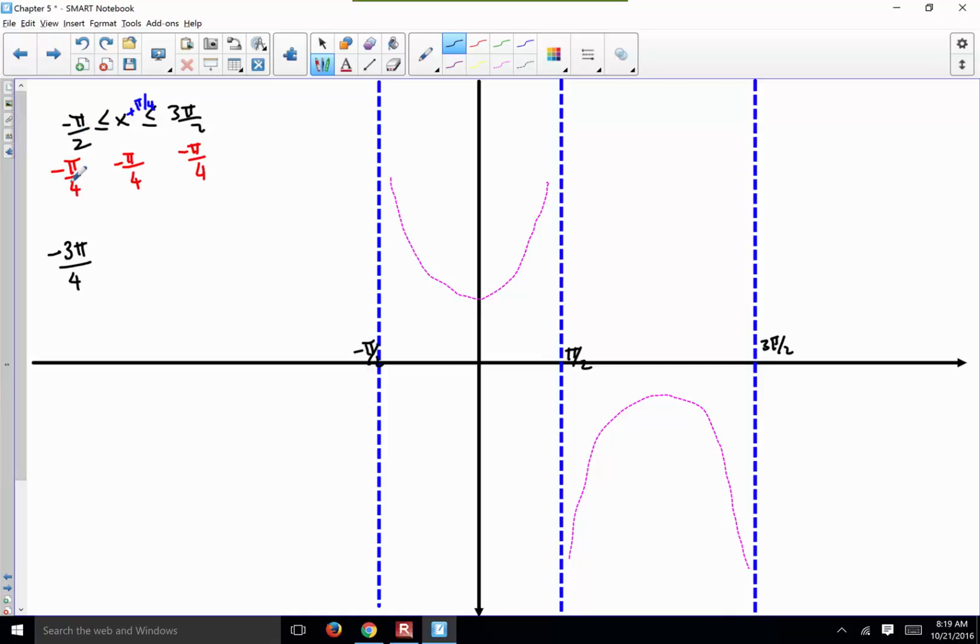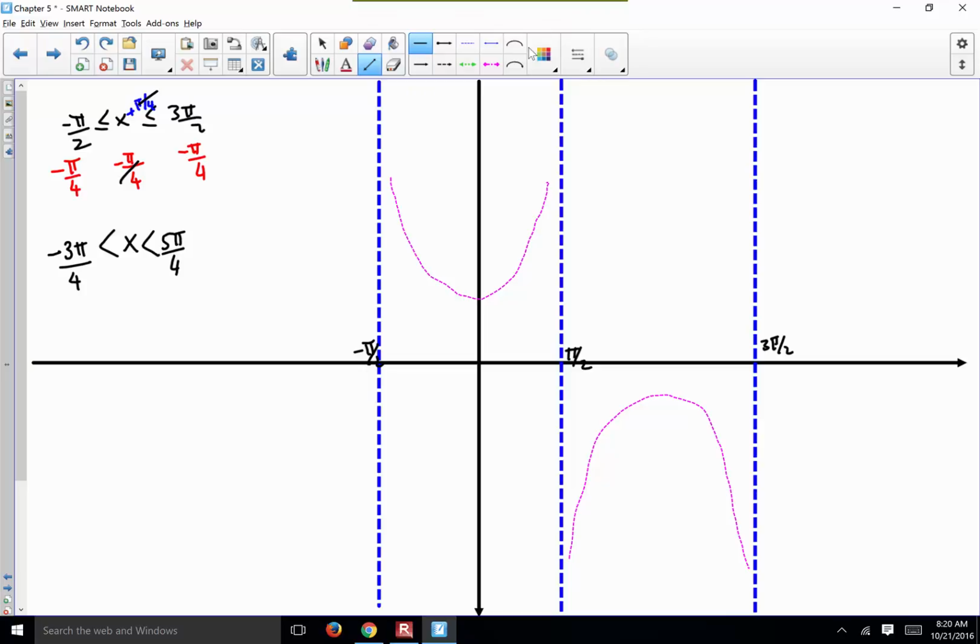So this moved pi over 4 more to the left. The middle is just x now, and for the right side, you set the common denominators, multiply this one by 2, both top and bottom. 6 pi over 4, take away pi over 4 is 5 pi over 4. So this end went pi over 4 left. Everything moved pi over 4 left.